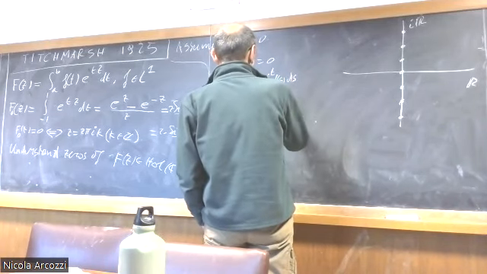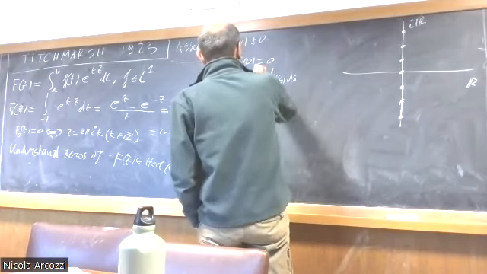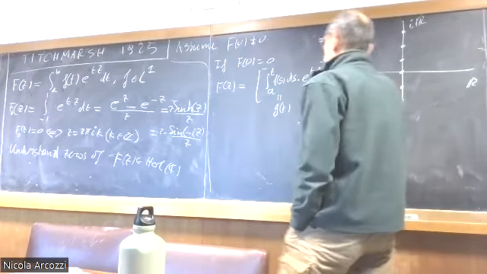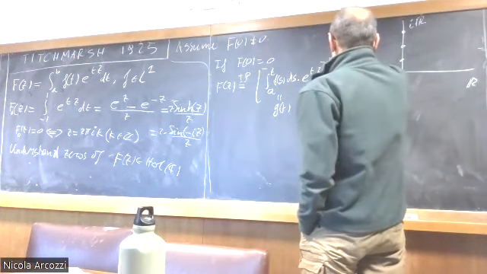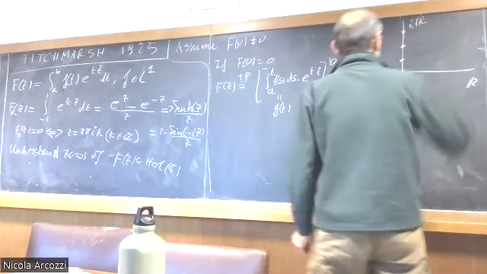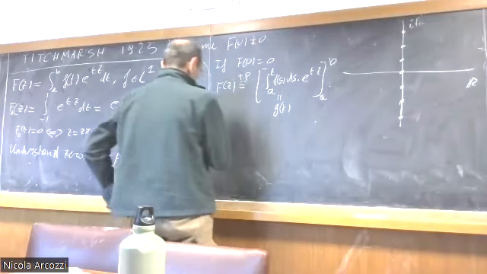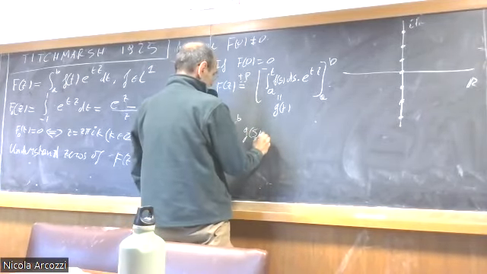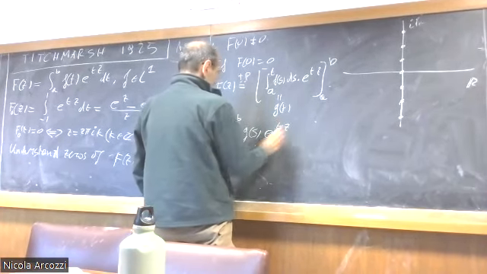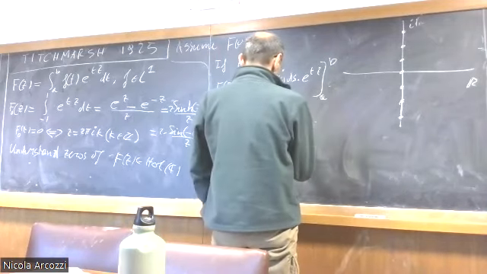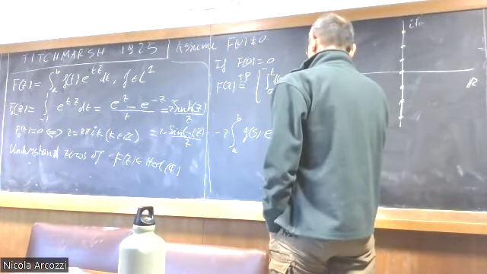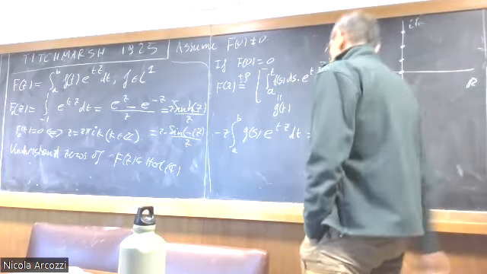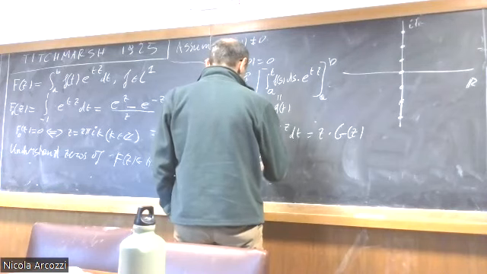Let's call this function g of t, times e to the t z computed between a and b, minus the integral between a and b of g of t times the derivative, which gives z times e to the t z.